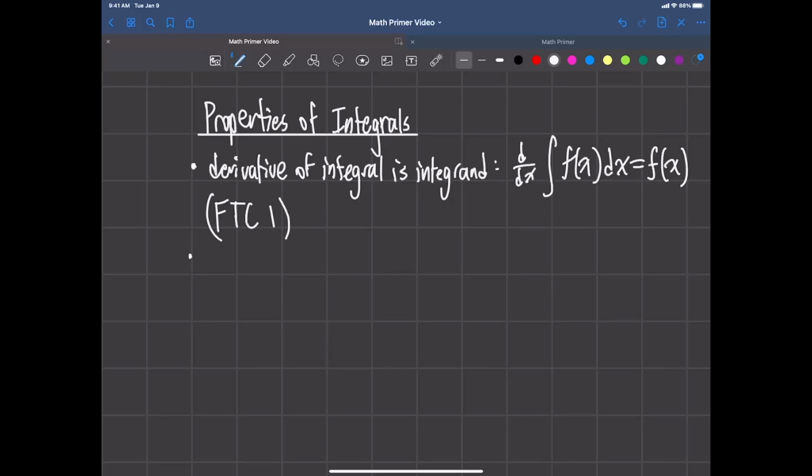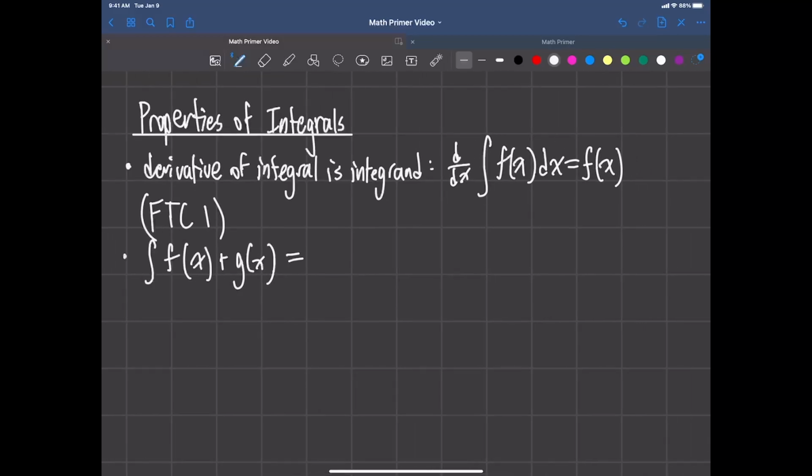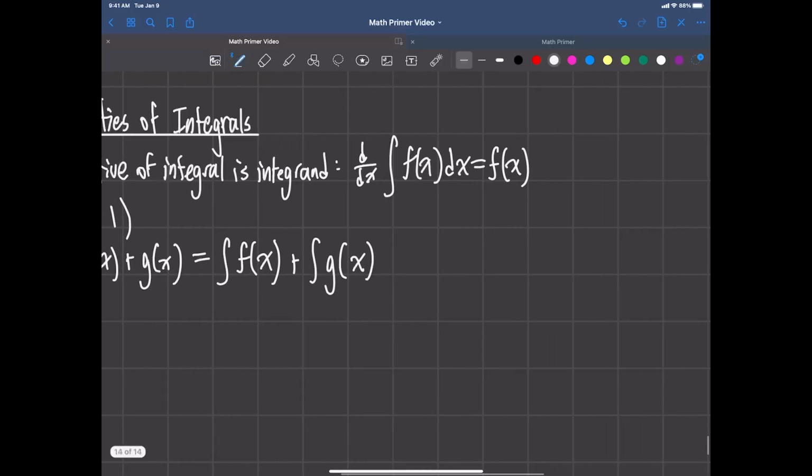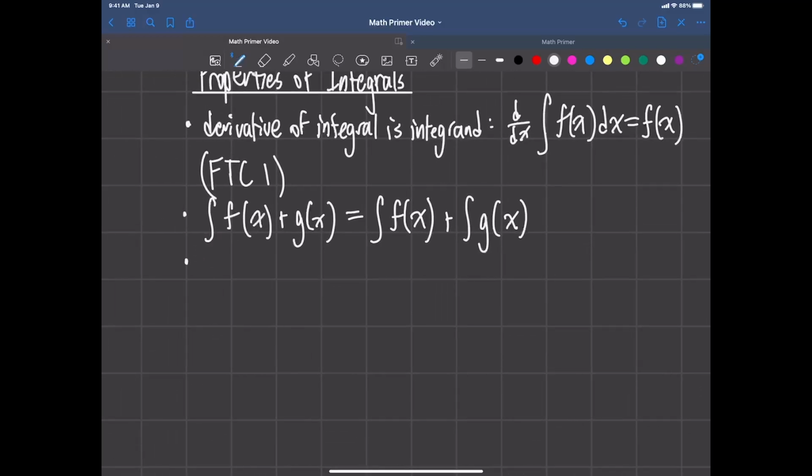The next property is that an integral of f of x plus another function, let's say g of x, is just the integral of f of x plus the integral of g of x. You can separate them out that way. Another property that you need to know is that constants can be factored out of integrals.